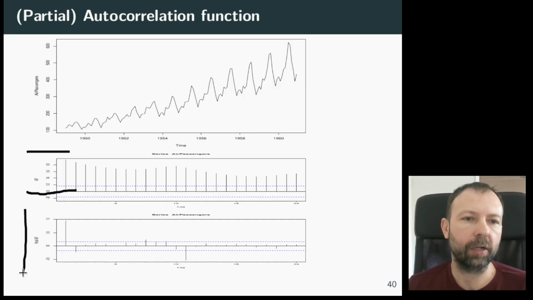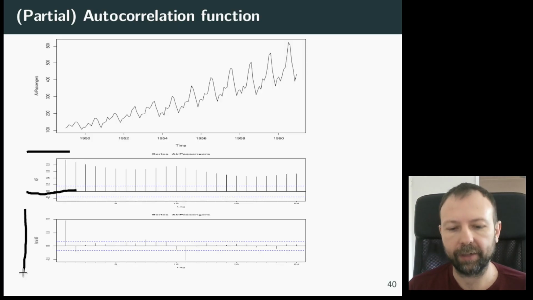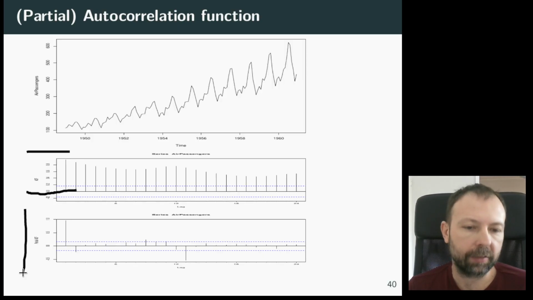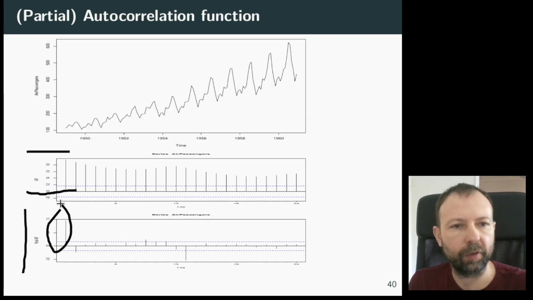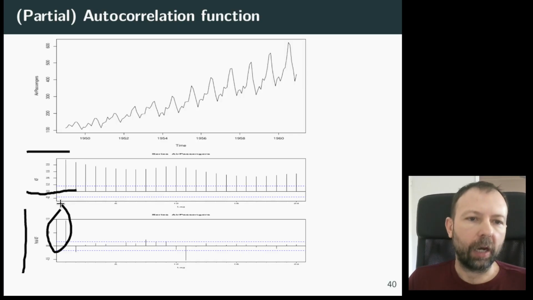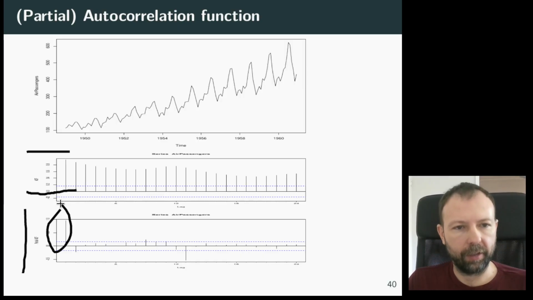So the partial autocorrelation subtracts the correlation that is already explained by earlier lags. Lag 1 is the same because there's nothing to subtract, right? So this first peak is the same. And now we see that the other lags are very small.